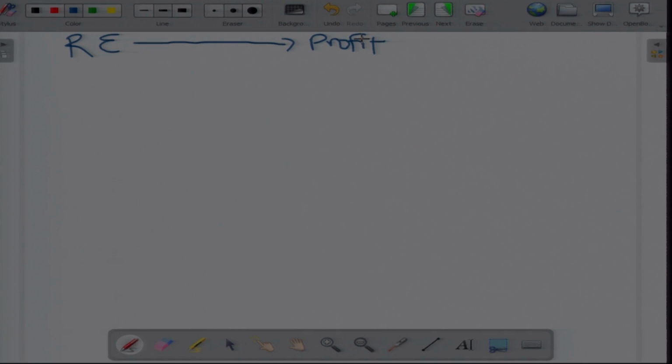I told you to remember this because we're going to see it again. The difference between retained earnings and profit. Retained earnings is prior years, previous years, and profit is current year. I told you there's one more thing that operates the same, and this is called depreciation. Now, cumulative depreciation is always previous years, and depreciation is your current year.